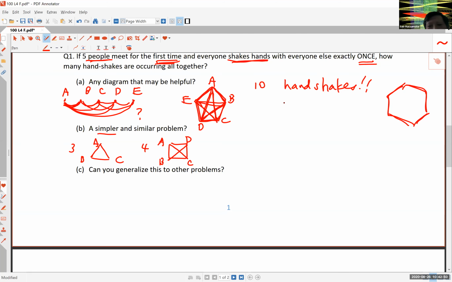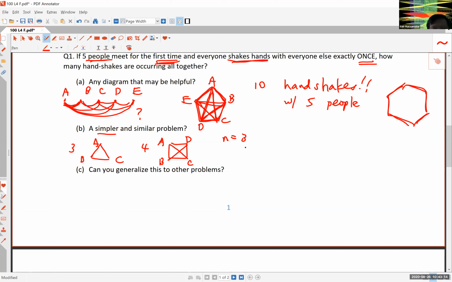We're trying to figure out how many handshakes will take place with n people, where n is some random number. Let's say when n is equal to 3, then there are 3 handshakes.